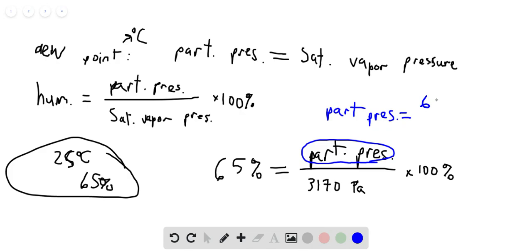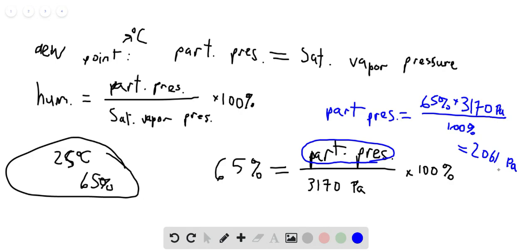And so we end up with 65% times 3,170 Pascal divided by 100%. And this is equal to a partial pressure of 2061 Pascal.